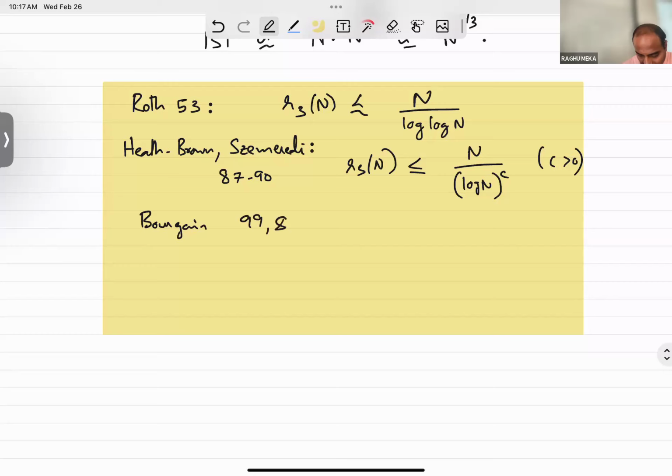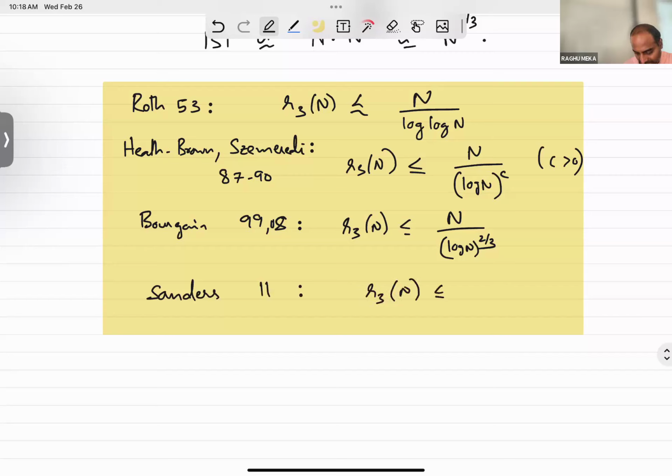Bourgain, in some important works which laid the foundations for many subsequent techniques, improved the exponent to log n to the 2/3. And Sanders in 2011 got it to something even better.